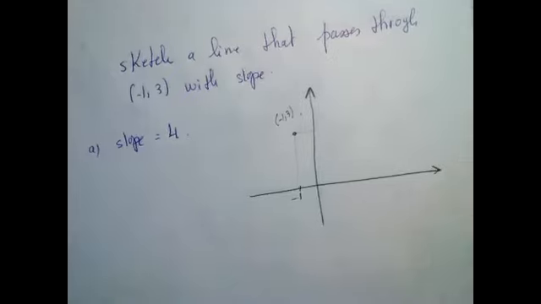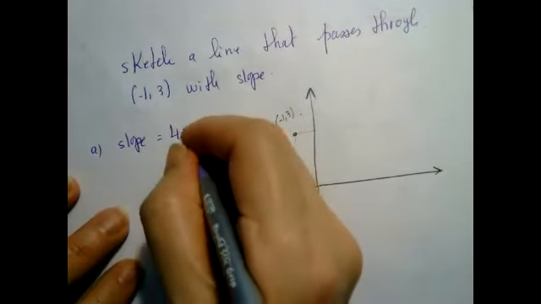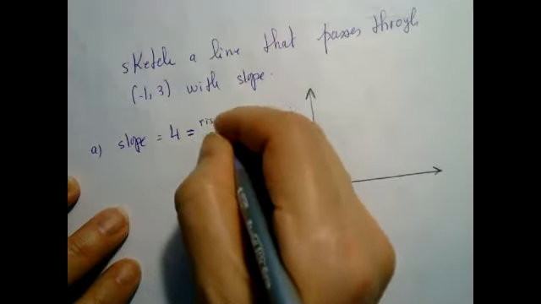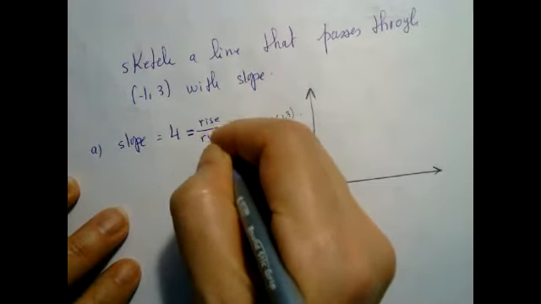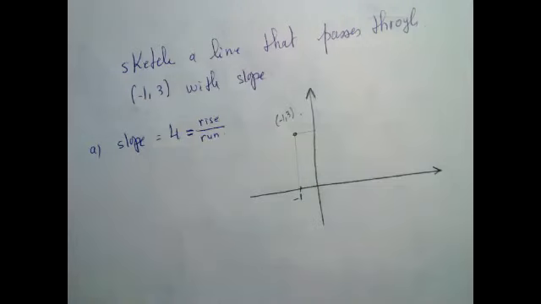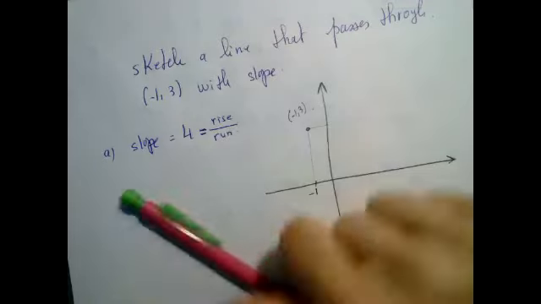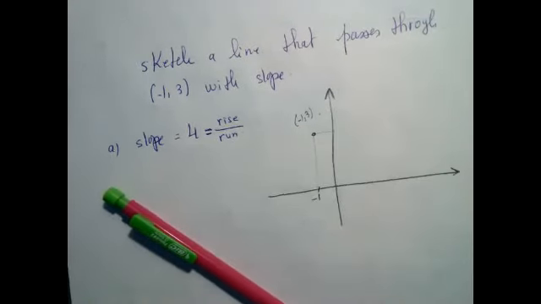Remember, the slope is the rise over the run, or the change in y over the change in x. So how shall I sketch the line? Am I giving you enough info to sketch the line? What do you think? I give you a minute.